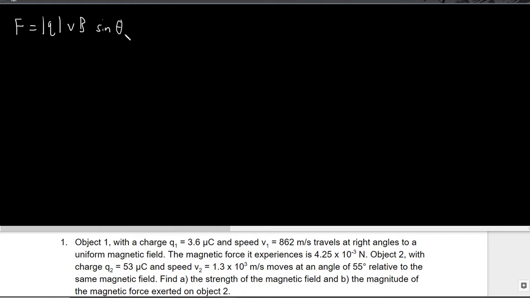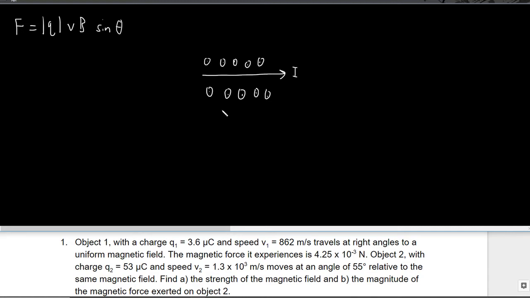For the most part, what that means is, let's say I've got a current carrying wire here, and I is going this way, and it's in a uniform magnetic field, and this time we're just going to say that the magnetic field is coming out of the page.